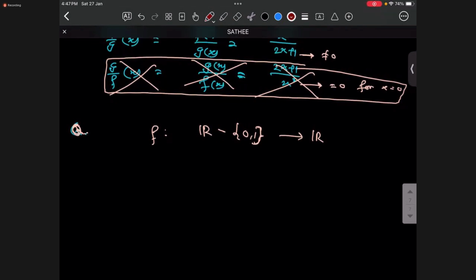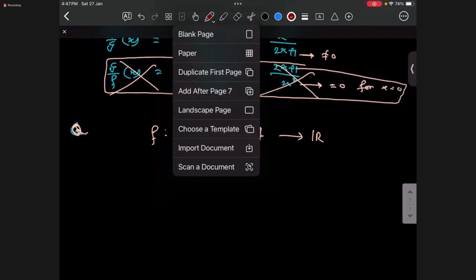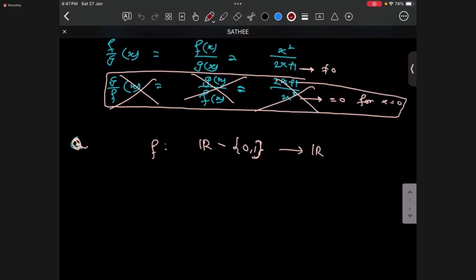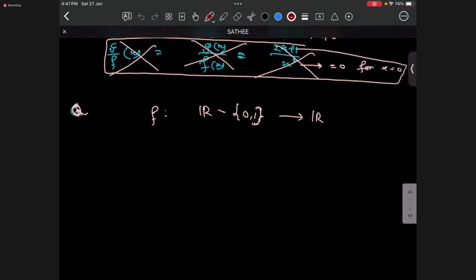So they have given a function which is defined on this domain, and the range is in R, and the function has some condition.